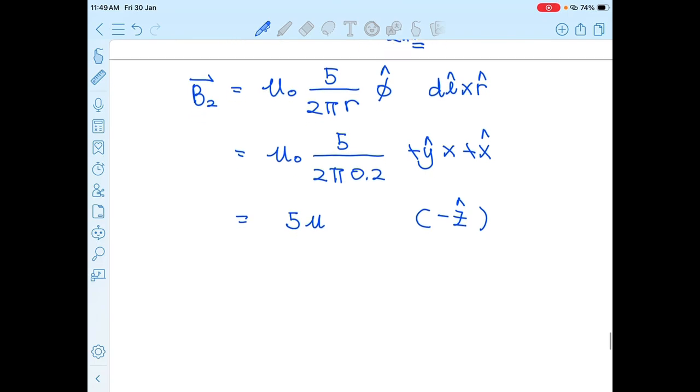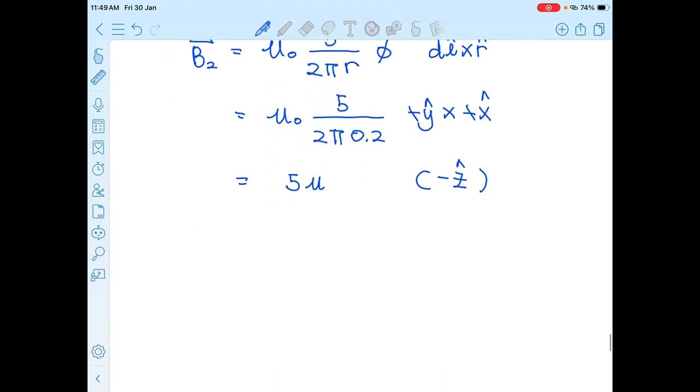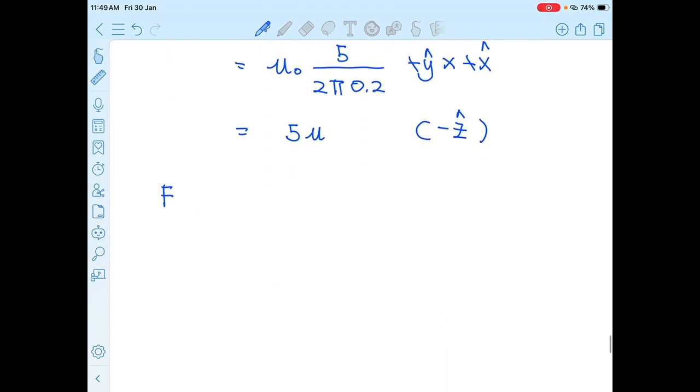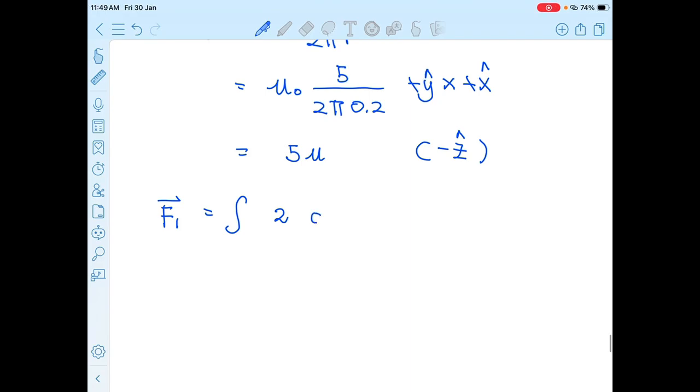Okay, so now we are going to replace it into our equation for F1. So F1, you have I1, right? So I1 is equal to 2. Okay, and the length is dy. And cross product with 5 times 10 to the negative 6. Okay, negative z direction.